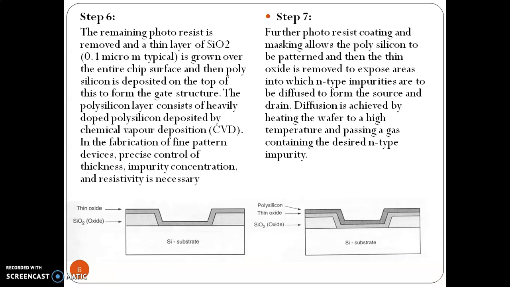Moving to step number 6. After the effective area is formed, a thin oxide with a typical thickness of 0.1 micrometer, equivalent to the oxide thickness of the gate, is put up, and after that polysilicon is laid up.